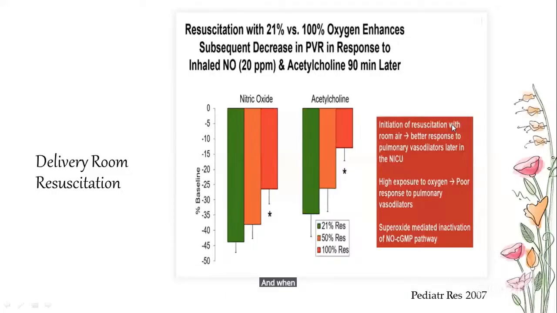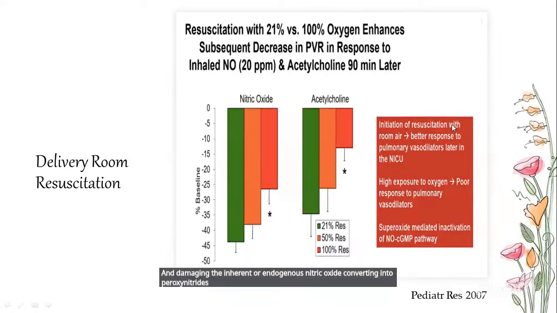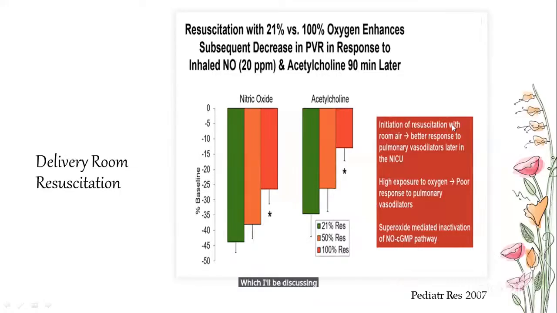When we give 100% oxygen, we convert it to superoxide radicals, damaging the endogenous nitric oxide, converting it into peroxynitrites, and also damaging the cyclic guanylate cyclase pathway, which I'll be discussing later on. So the point here is resuscitation with 21% oxygen right from the delivery room.